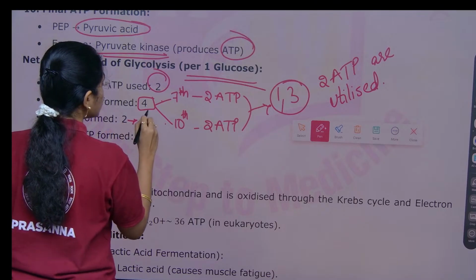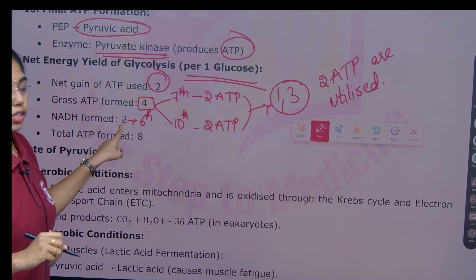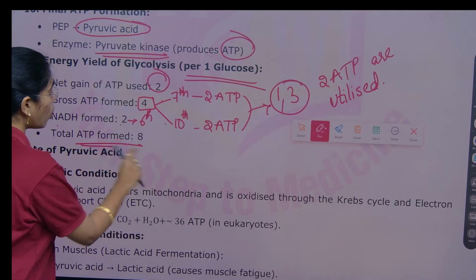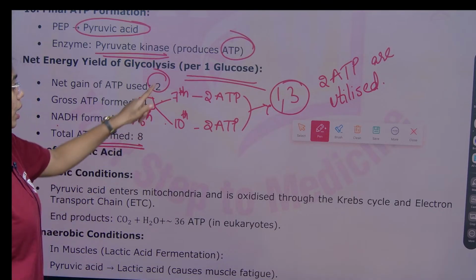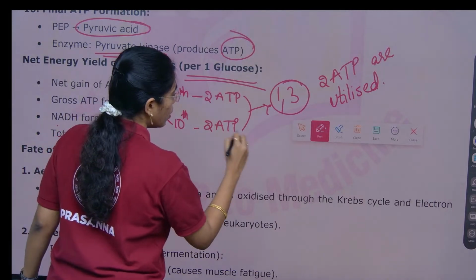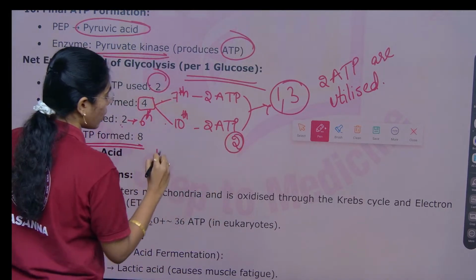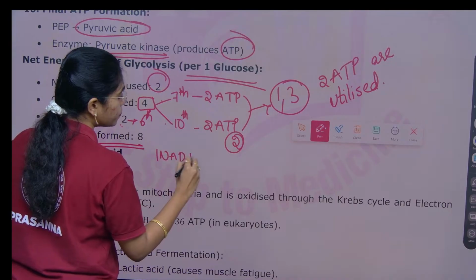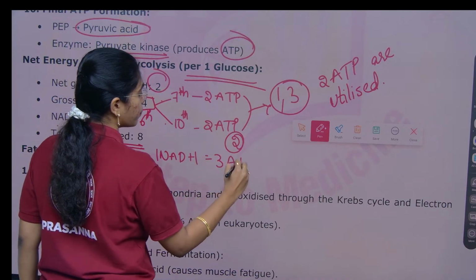Next, NADH formed. NADH is formed at the 6th step, that is 2 NADH. Now we need to calculate the total ATP that are formed. Net gain is 2 plus 2 NADH. 1 NADH is equal to 3 ATP.